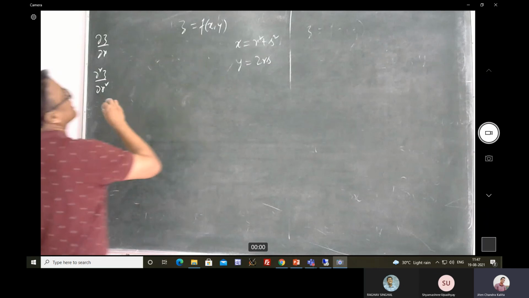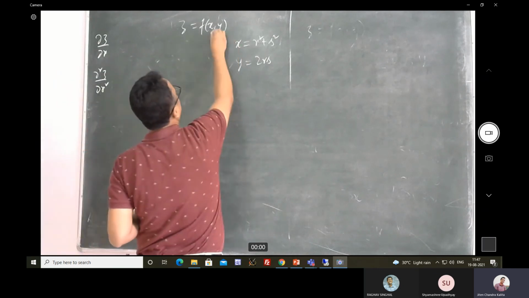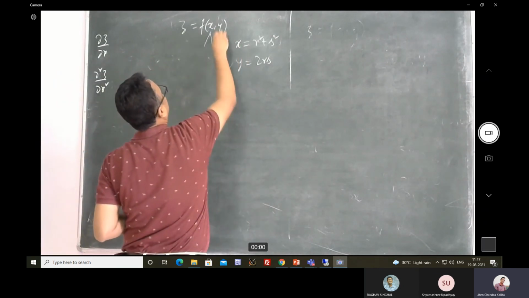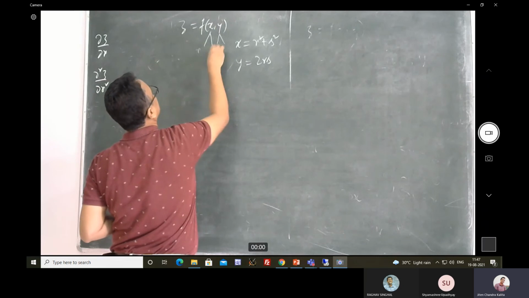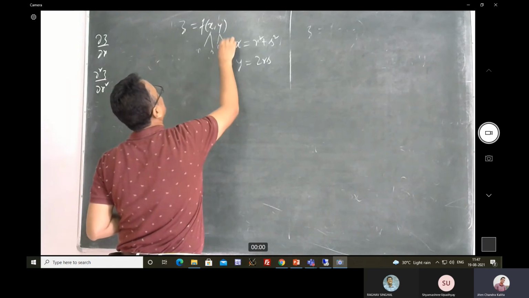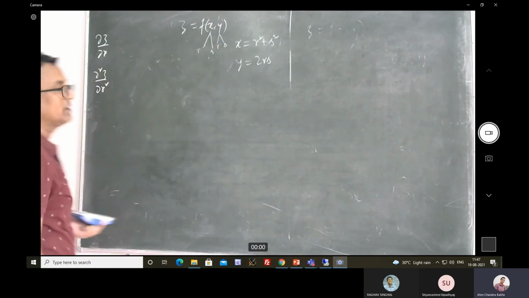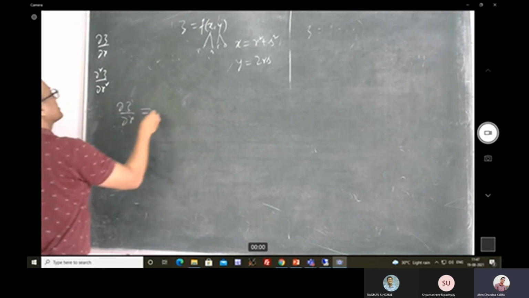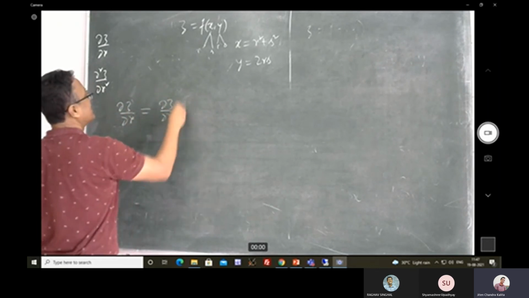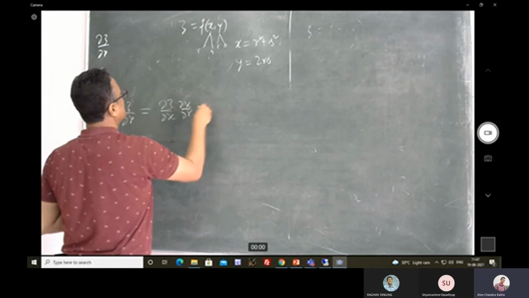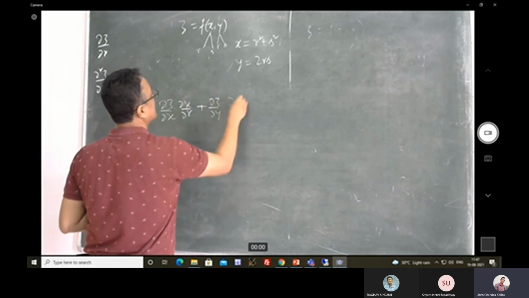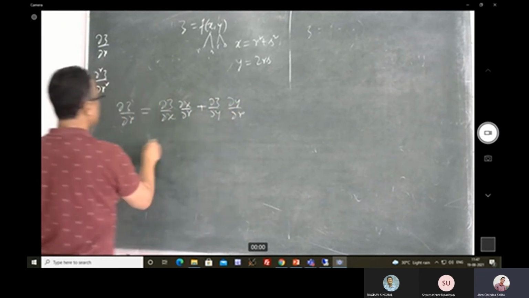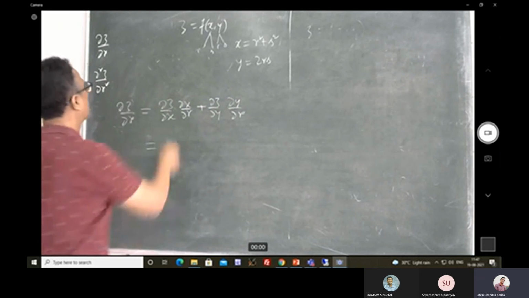So now, as before, you can see each of x and y themselves are functions of another two variables r and s. So if you use the formula, del z del x times del x del r plus del z del y times del y del r.